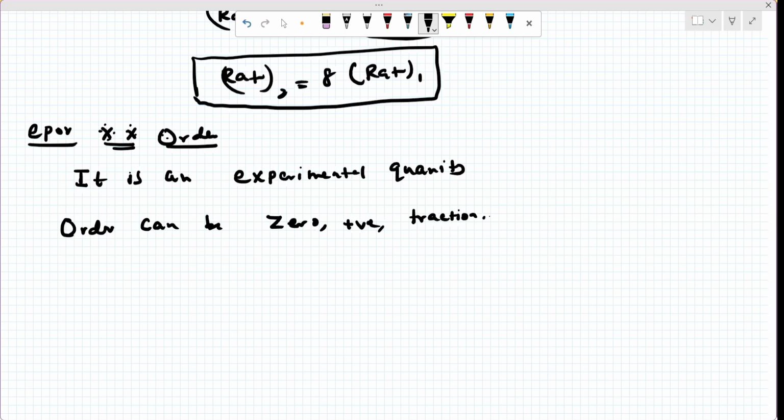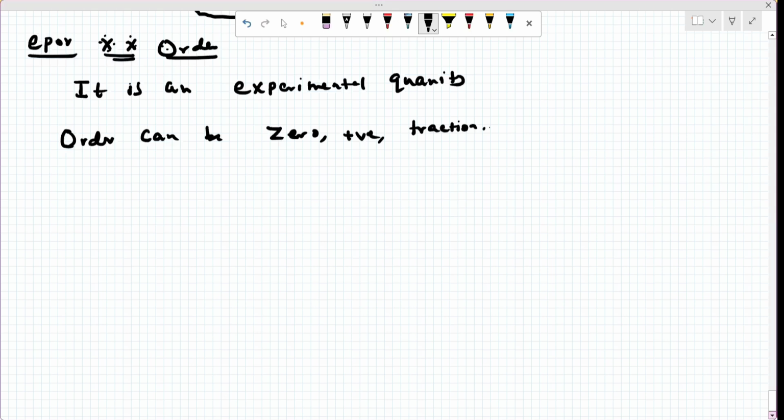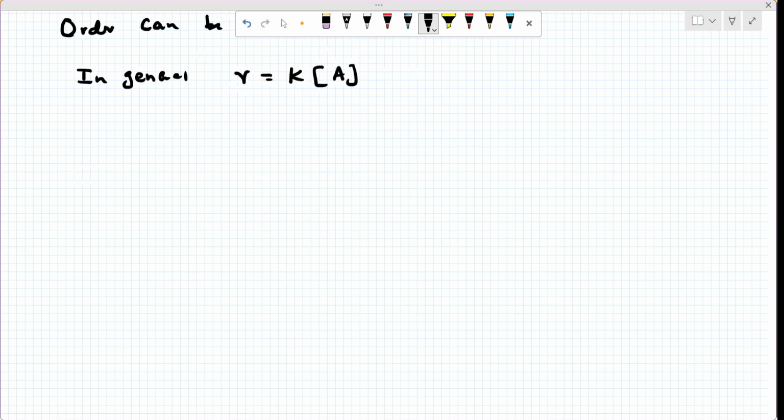Now see, in general, the rate is equal to k into A power n. Now what is n? n is equal to the order.